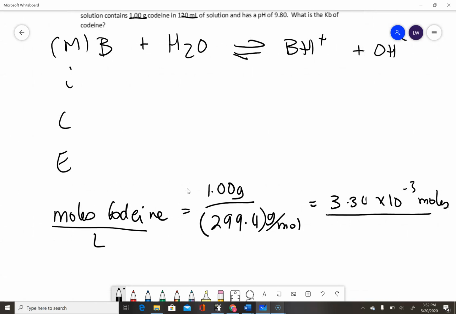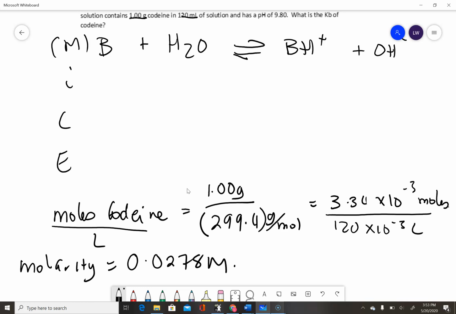So I've got 120 mL, or 120 times 10 to the minus 3 liters, and so my molarity is just going to be the answer that I got before divided by 0.12, and that ends up being 0.0278 molar. So that becomes my initial concentration of codeine, 0.0278. This is irrelevant, and these are 0 and 0 before it comes into equilibrium.